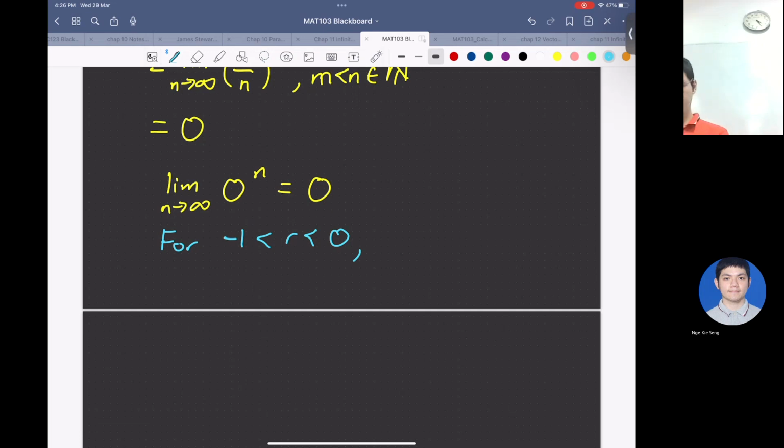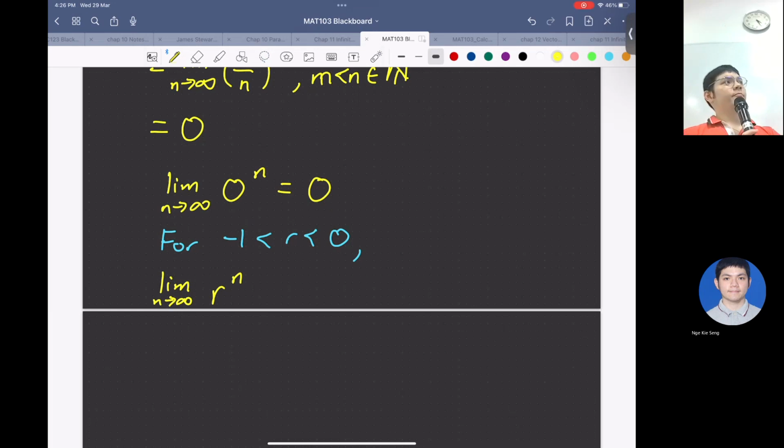So why is it true? One thing you can do is just write out what happened first, then later we'll see how to deal with it. We are considering r to the n, but this r is negative.